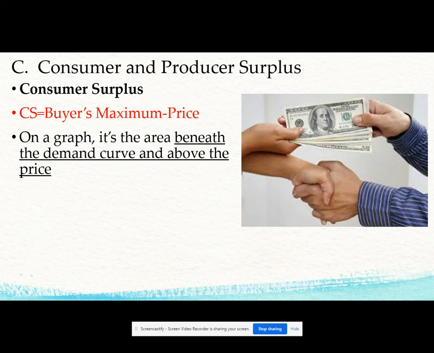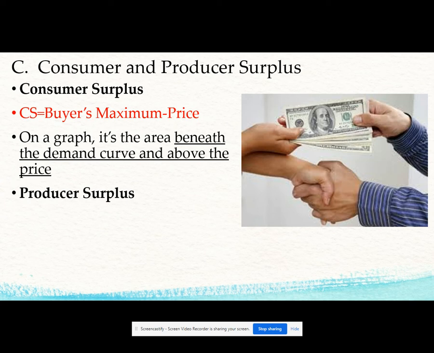Producer surplus is essentially the same concept, but applied to the supplier, the person or company providing that good. Producer surplus is the difference between what a supplier, producer, or seller, whatever word you want to use, was willing to sell something for and what they actually sell it for.